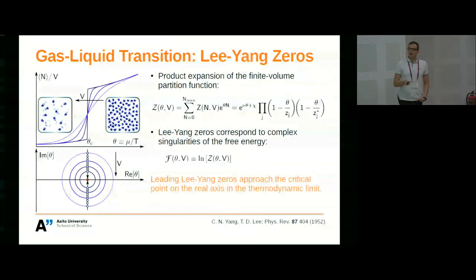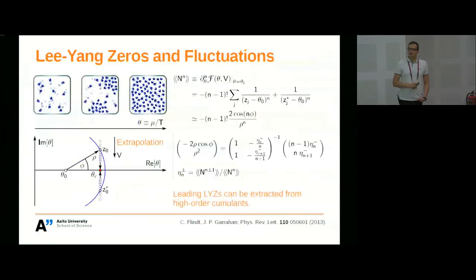Yeah. So now, let me show you how these objects are related to fluctuations. A very characteristic property of phase transitions is that the fluctuations diverge at the critical point. And that's also what we observe here. The physical picture behind that is illustrated here.